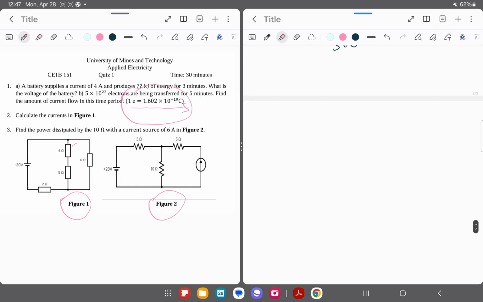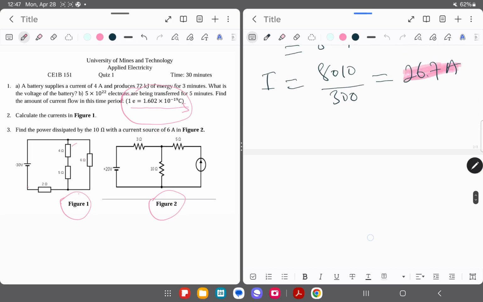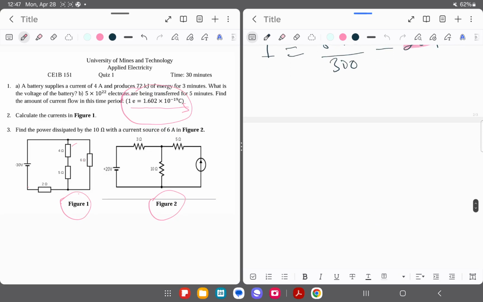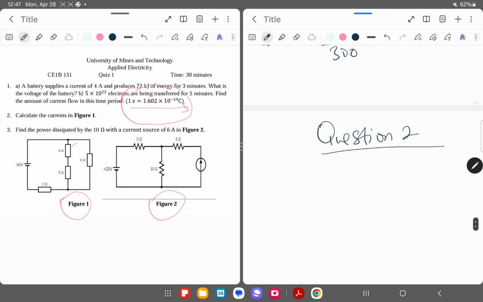So I have my question 2. Here in question 2, we have to find the current in figure 1, right?